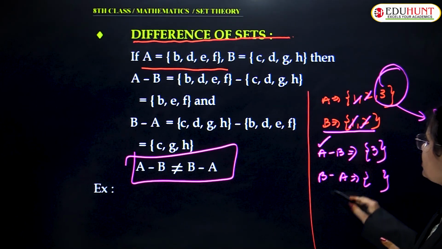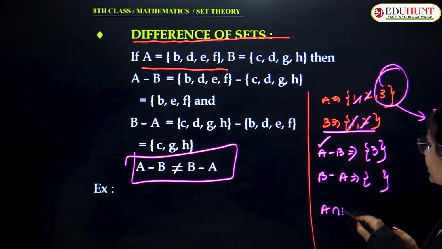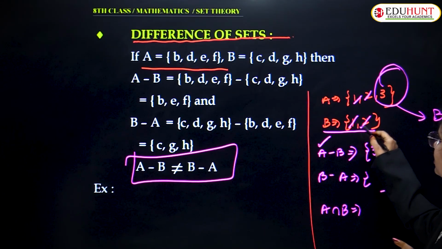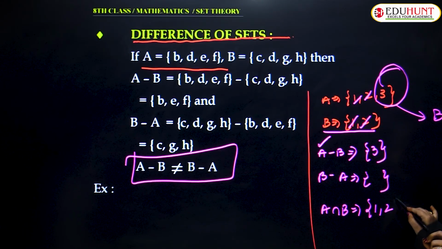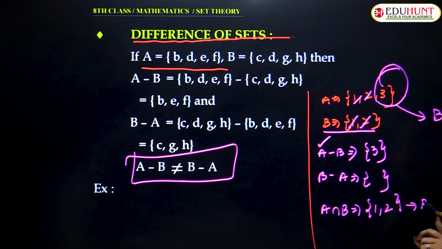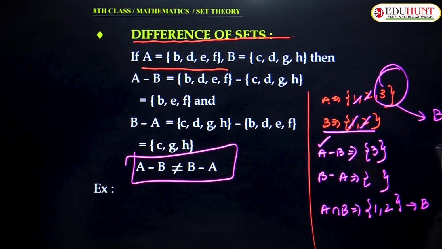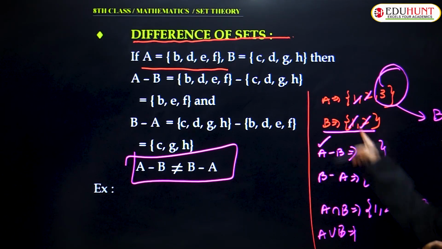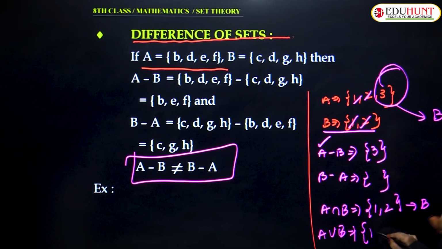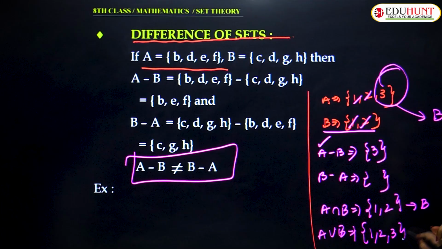A intersection B, you will write 1, 2, correct? 1, 2 is which set? It is set B. And if you want to write A union B from this, how will you write it? 1, 2 and 3. This is nothing but the A set.